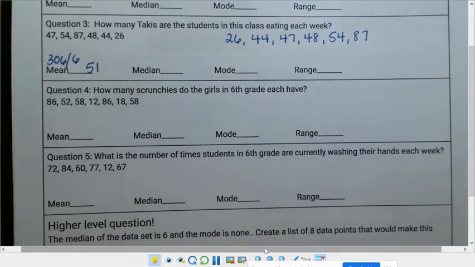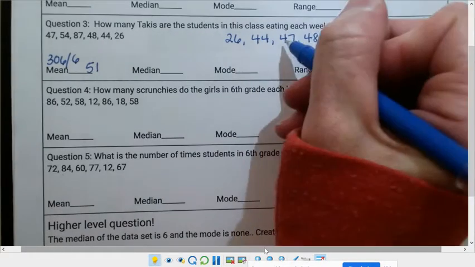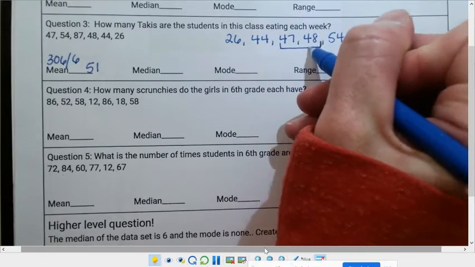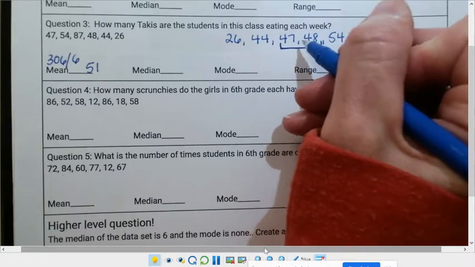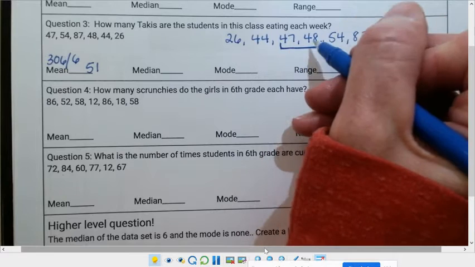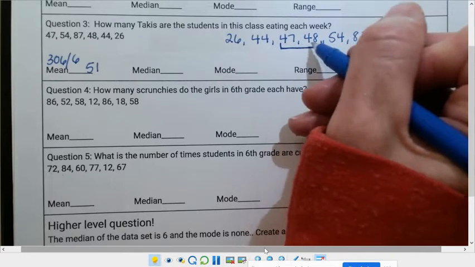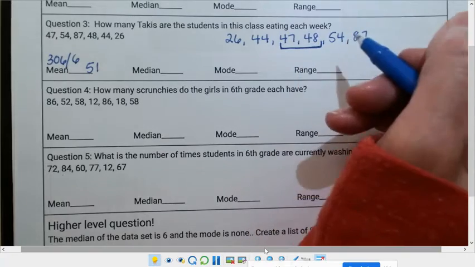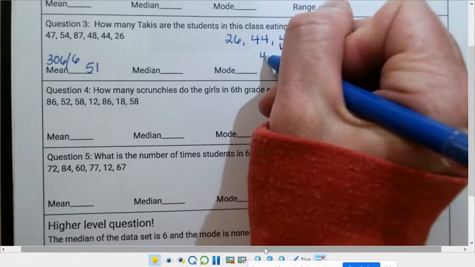My median then, if I count in, I actually have 2 numbers in the middle. I don't have a single number in the middle. So when I have 2 numbers in the middle, if they're the same 2 numbers, like if this was 47 and 47, my median would just be 47. However, they're 2 different numbers. So I have to figure out what comes in the middle of those. For any 2 numbers that appear here, I can add them together.